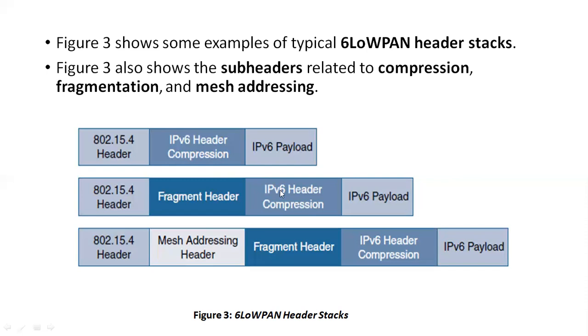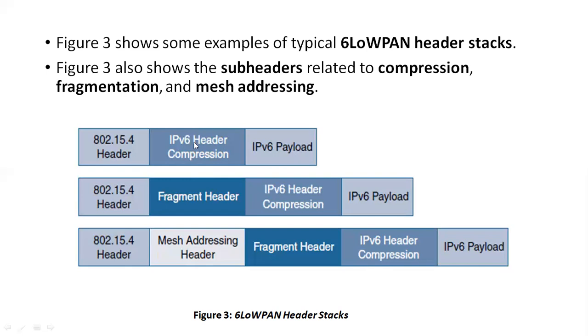Okay, and in addition to this compression, one more function is there, that is fragmentation of a header. In addition to these two, a third function is there, that is the mesh addressing header. So in between this header and this payload, you may be required to do these three functions: compression, fragmentation, and mesh addressing. Just remember the flow of these things.